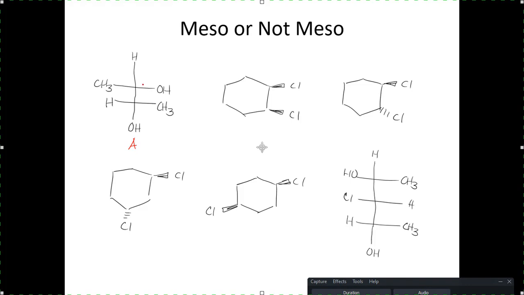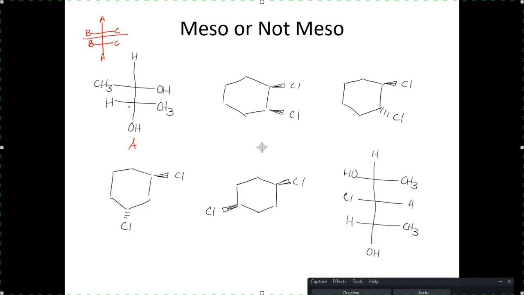Well, when we have a Fisher projection, what we want to do is to try and line up the groups to see if the mirror plane is there. A meso compound in a Fisher projection like this will always have the groups aligned like this. The A, B, and C groups will look like that, so that we can see the mirror plane. So let's try and line up any two groups.